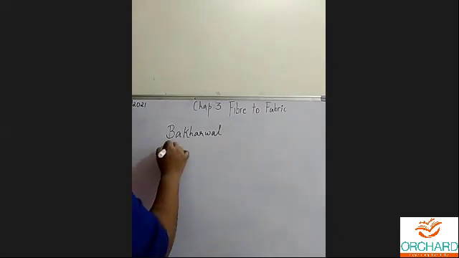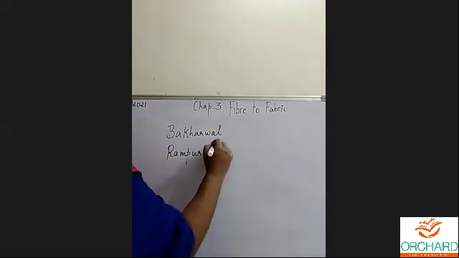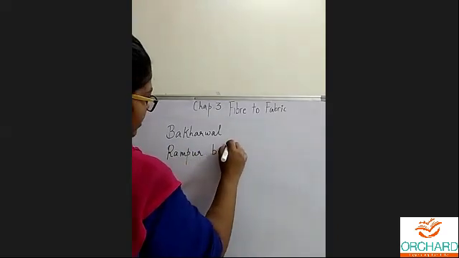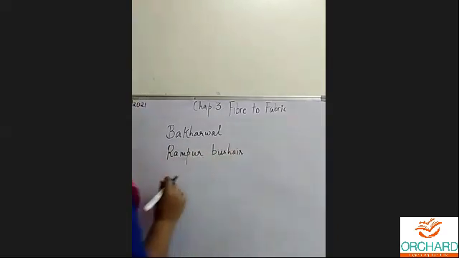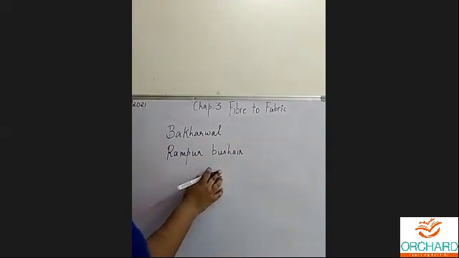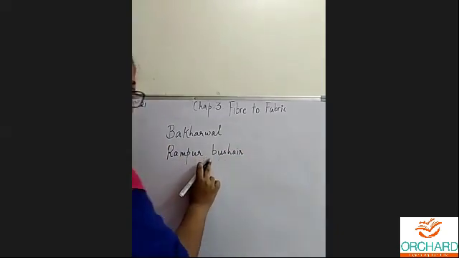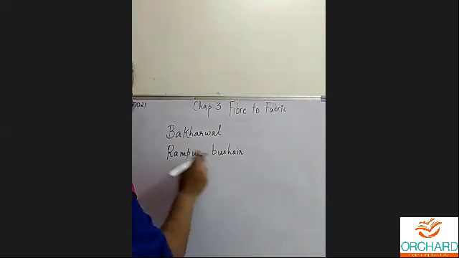Then you have another breed called Rampur Bushehr. The wool, the fleece, the hair will be brown in color, and this breed is found in Uttar Pradesh and Himachal Pradesh.